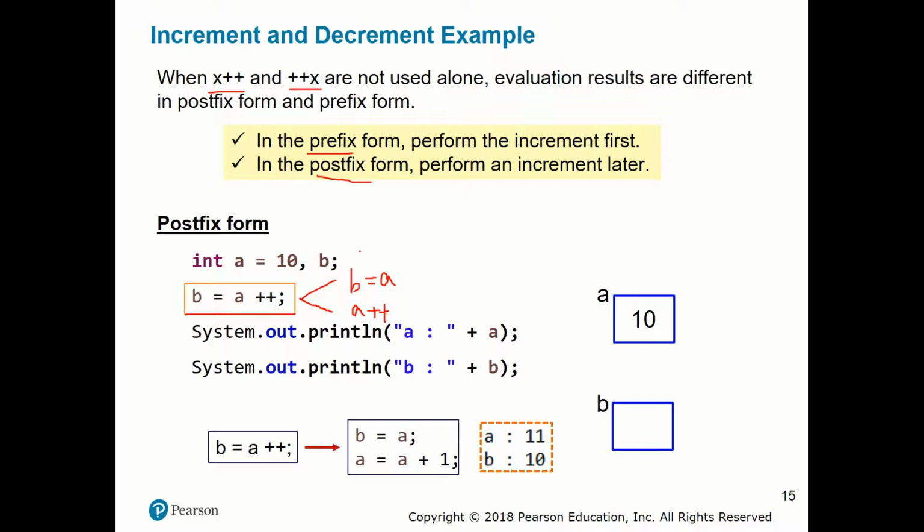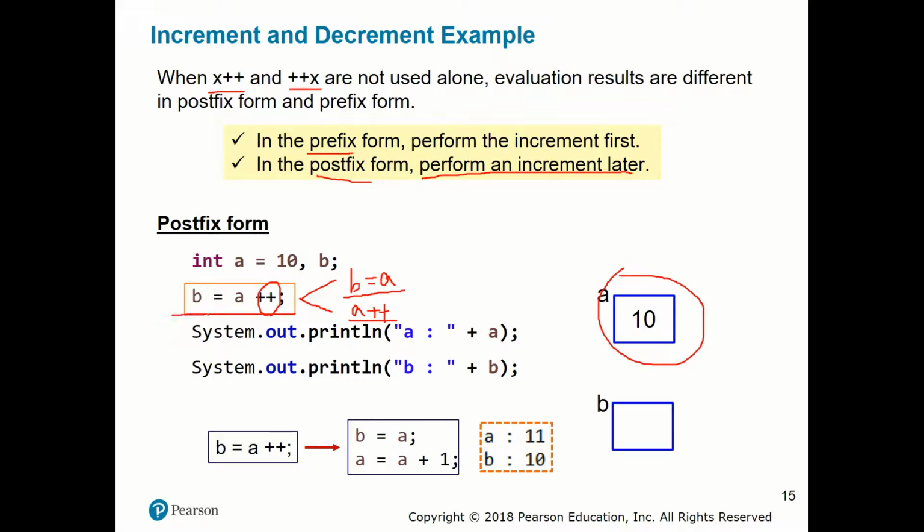In this case, ++ is postfix form. So here, in the postfix form, perform an increment later. So this means that we execute this first and then we execute this one. At first A is 10.